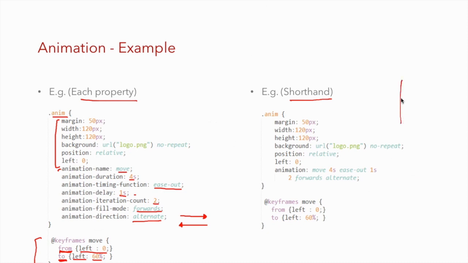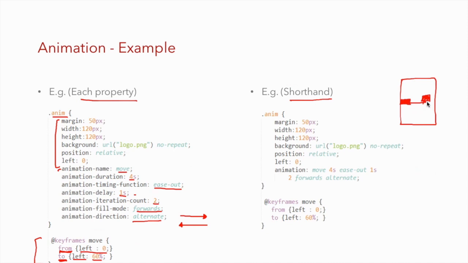Suppose this is one page and this is your object where this particular class will be applied. This will be the starting position of that object where left is 0, and then for the first animation it will start moving towards 60% of the page, something like this somewhere here maybe, and this will be left 60%. So this will complete one animation.